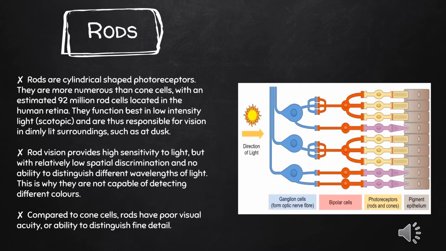This way they are not detecting different colors. Compared to rods, cones have higher visual acuity, the ability to distinguish fine detail.